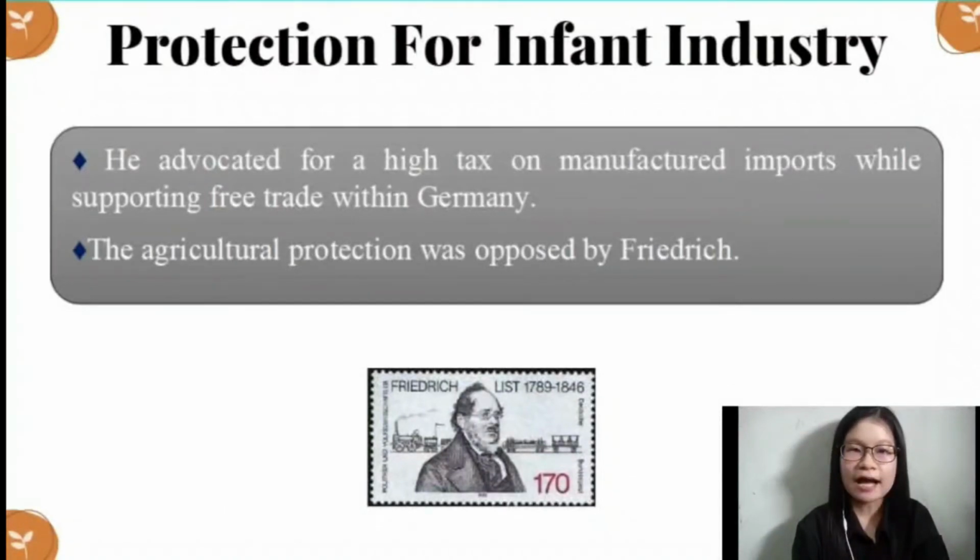The three reasons are because this industry was old and mature, because manufacturing needed low-cost labor and low-cost raw materials, and because the development of large-scale industry through protection would enlarge agriculture's domestic market.